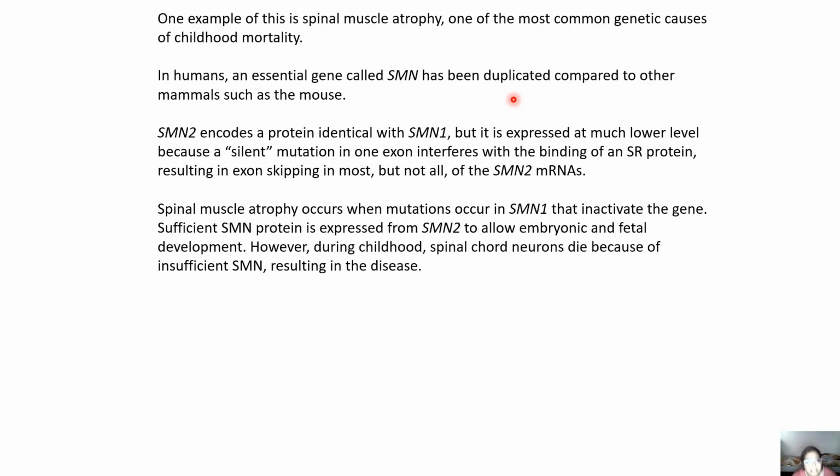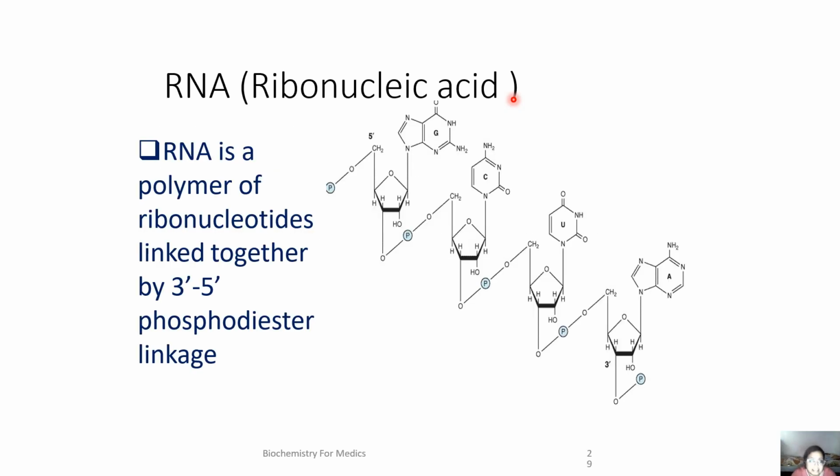Spinal muscular atrophy occurs when mutations in SMN1 inactivate the gene. Sufficient SMN protein is expressed from SMN2 to allow embryonic and fetal development. However, during childhood, spinal cord neurons die because of insufficient SMN, resulting in disease.